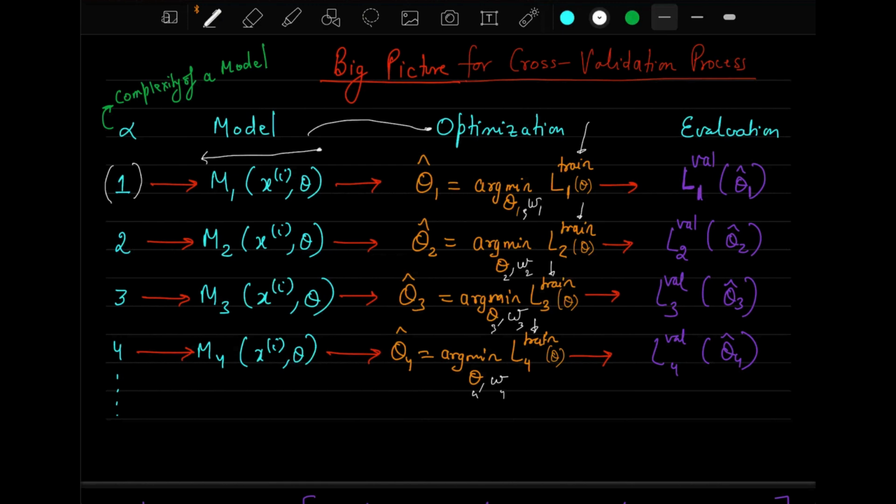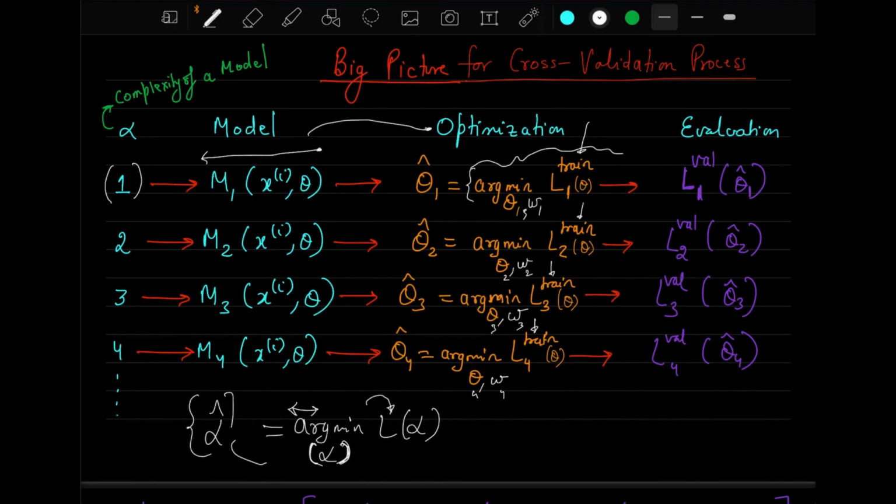So once you have this optimization process done, this optimization process is actually argmin. What it means is argmin of anything over alpha, let us say. If this is a function of alpha, it means the argument that minimizes this particular expression L alpha over alpha is basically the estimate.